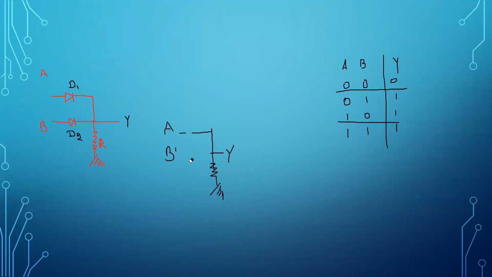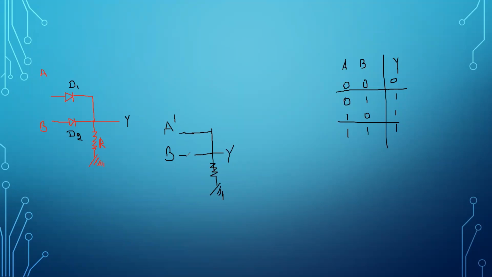So here we need to cut the connection for B. Then we provide 1 for A. In the place of A, when you provide 1 as input, that means you are providing some high voltage to the anode, then this diode will be on.